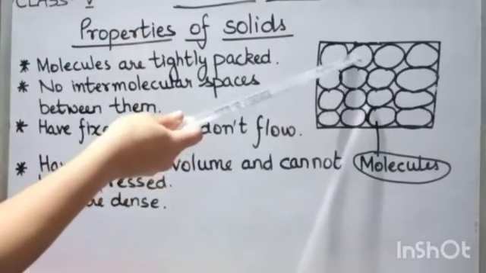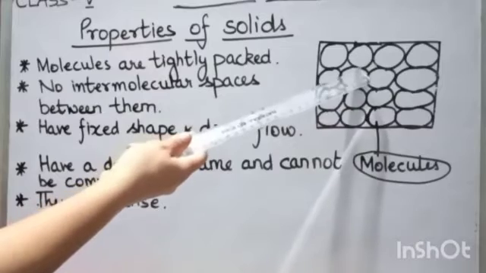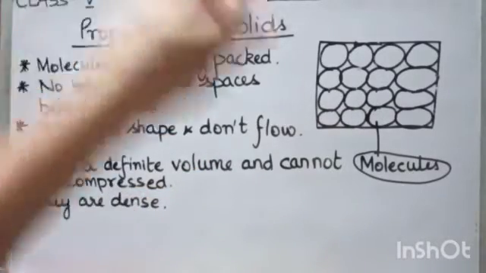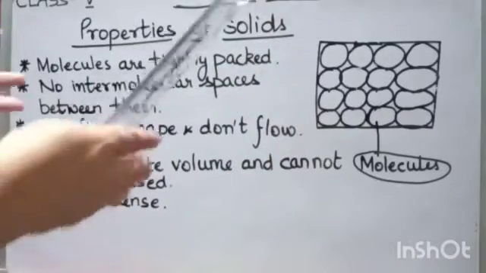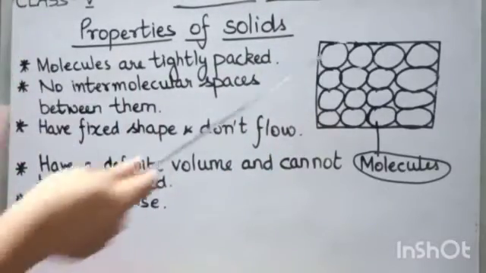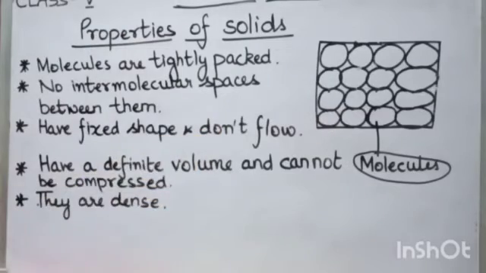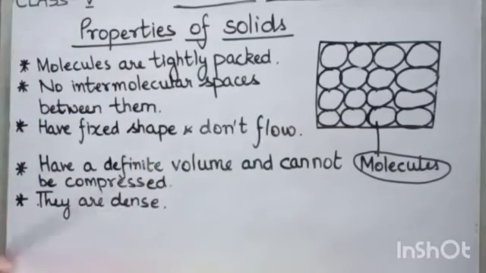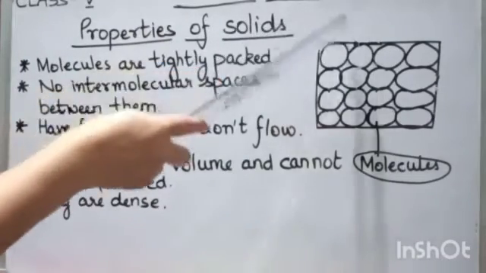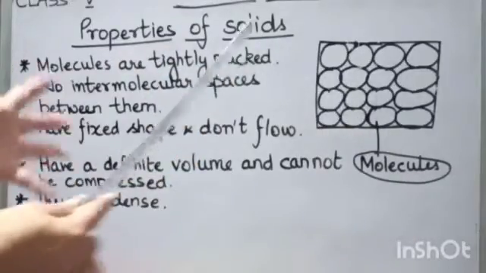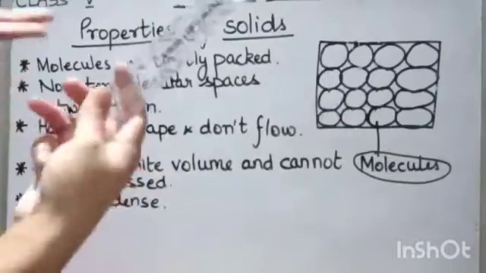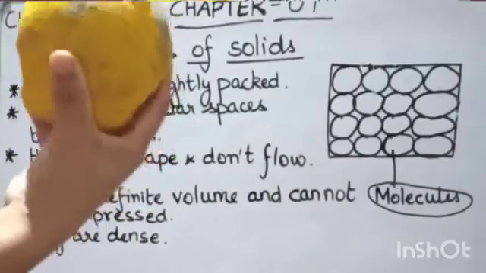So they have a very fixed shape, and they do not flow because they don't have any gap between them, and they have a definite volume. When pressure is applied from above or from the sides, they do not change shape. They do not compress.